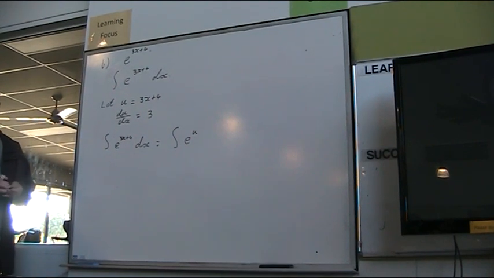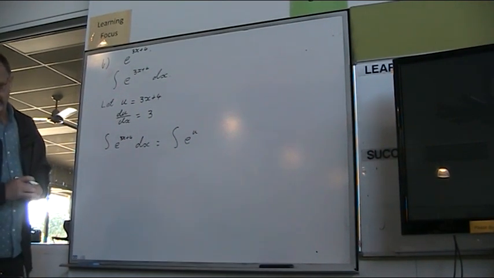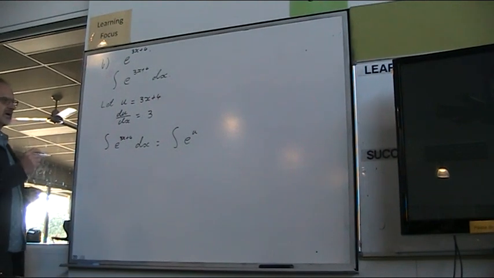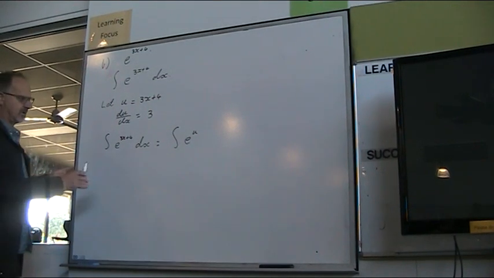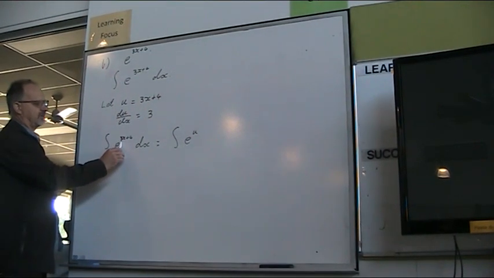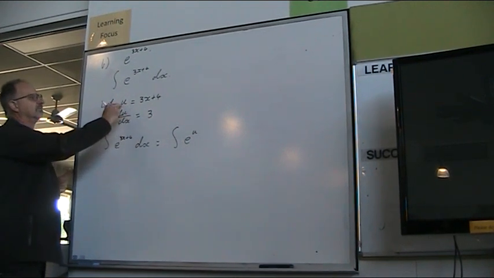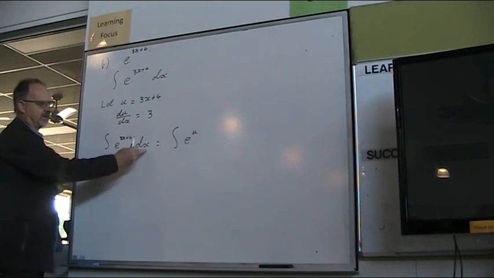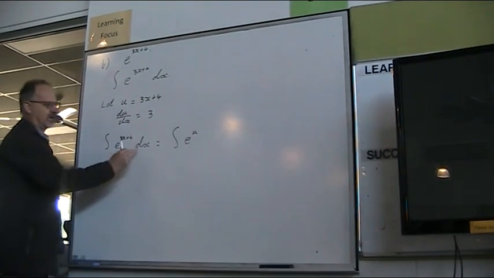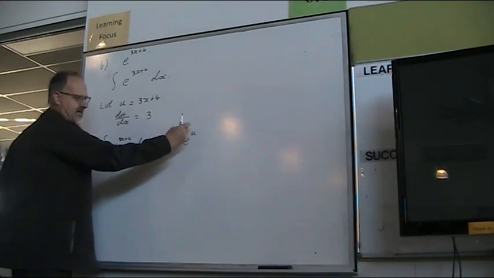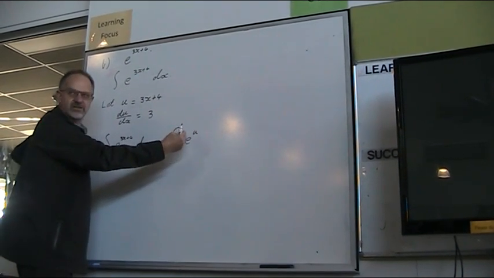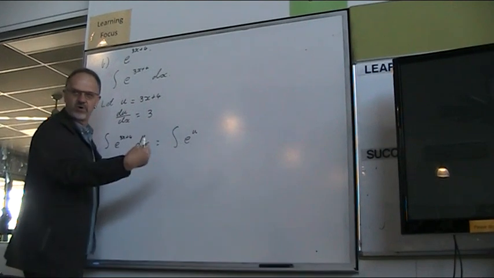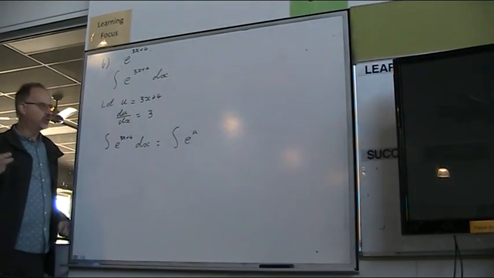Now, there's a couple of different ways that I could explain this, but if I've replaced this 3x plus 4 as u, then I need to replace this dx, because now we've got something written in terms of u, so we've got to work in terms of u.